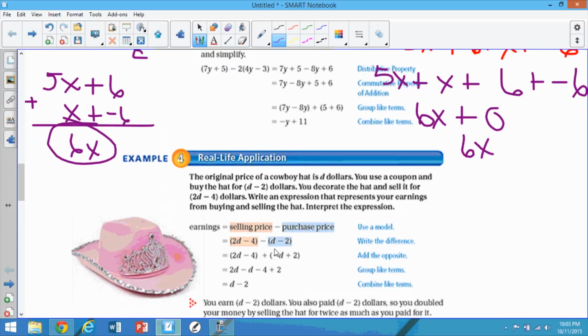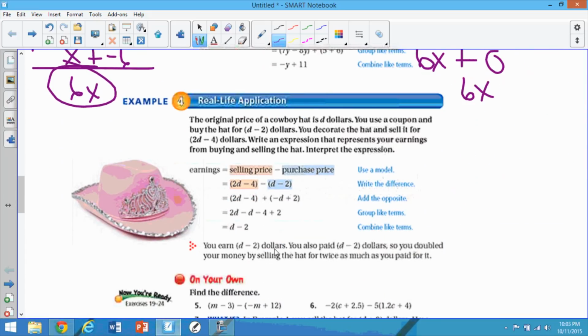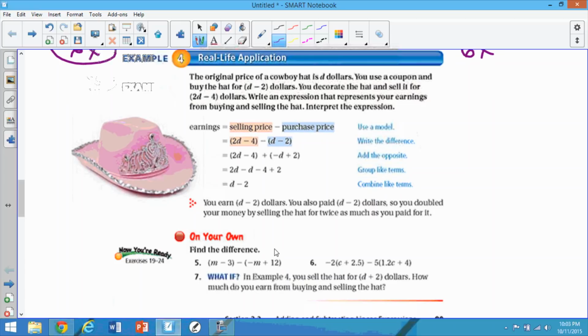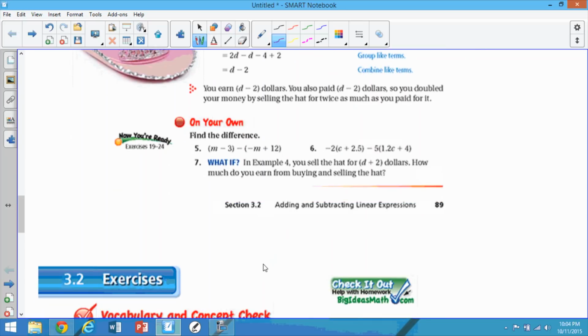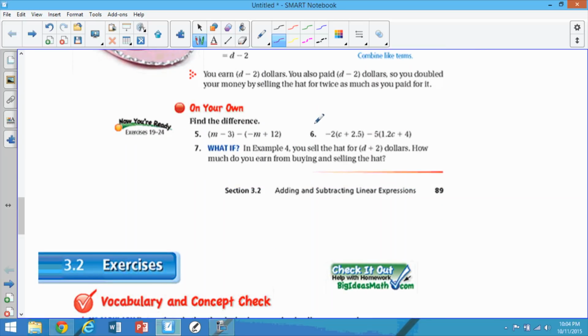Okay. You also might, I should probably talk about that too, you might have to distribute. So when you do that, you're also going to have to take into account that step. So I would like you to look at number 6. We'll do number 6 together, and this should be written in your notebook.